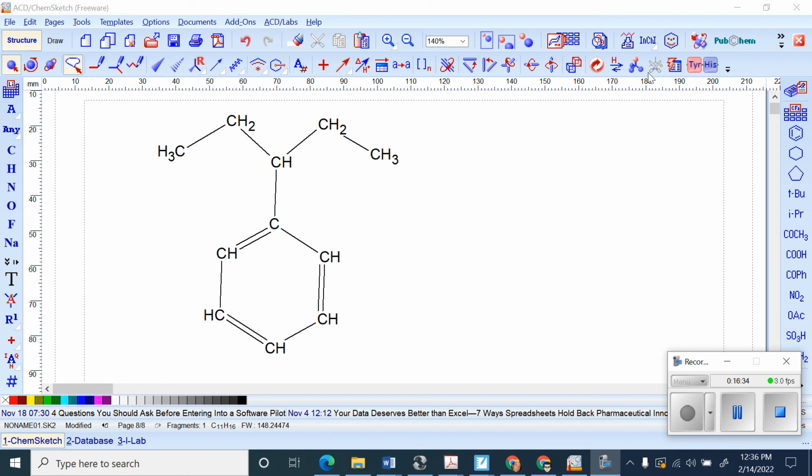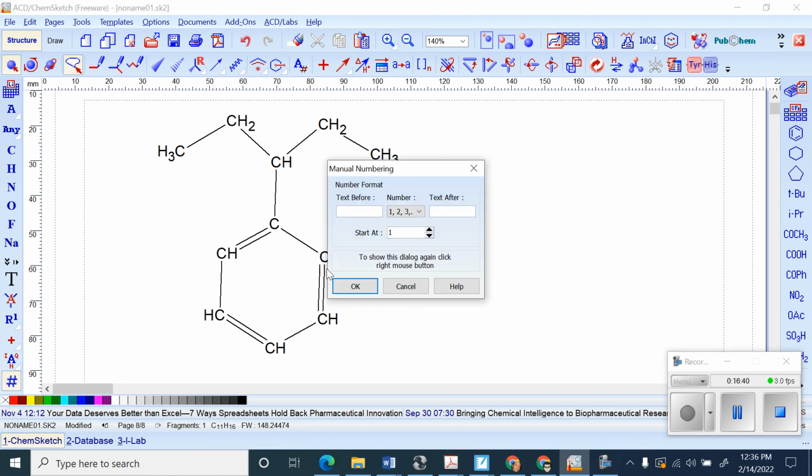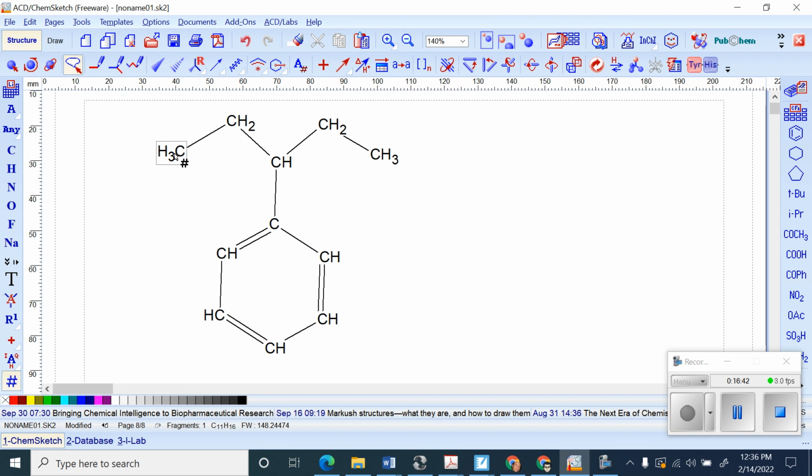So we will consider the 5 carbon as the longest chain, 1, 2, 3, 4, 5. And then we will consider this benzene group. Benzene as a functional group is phenyl.